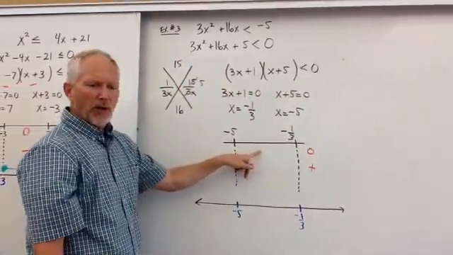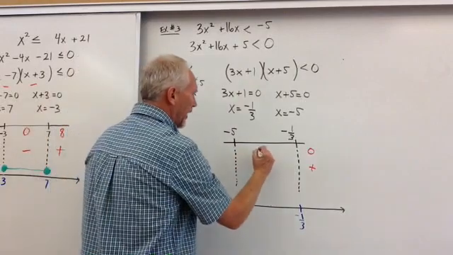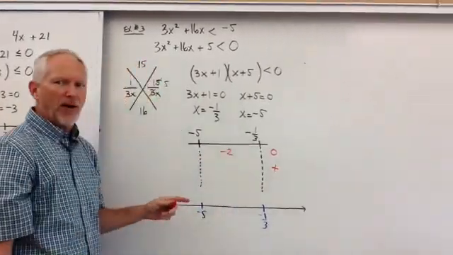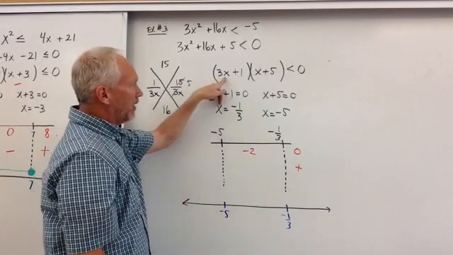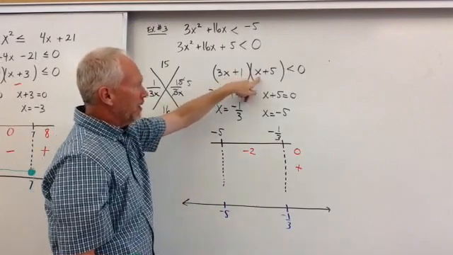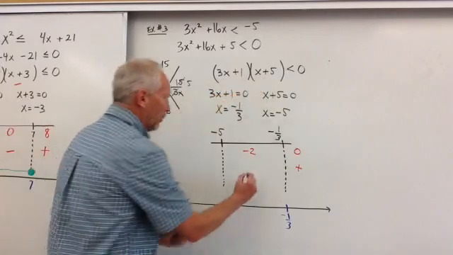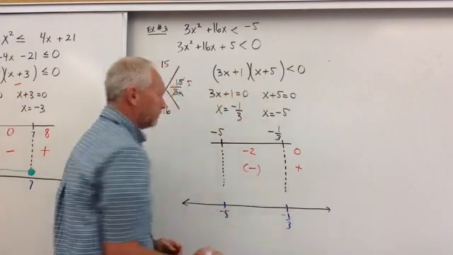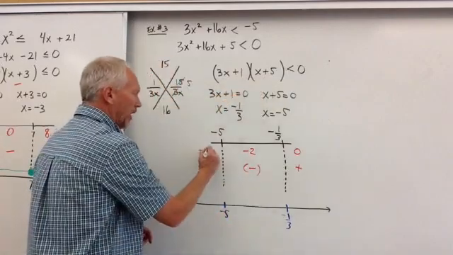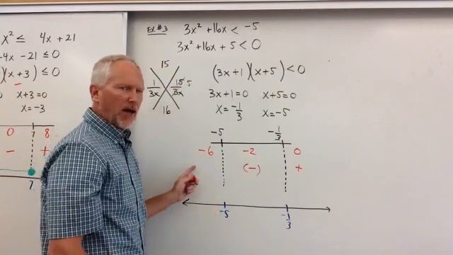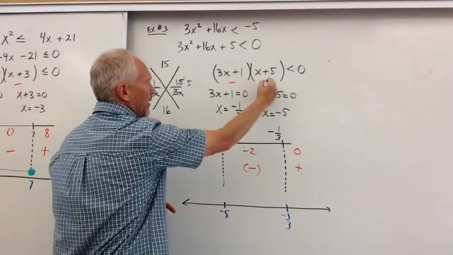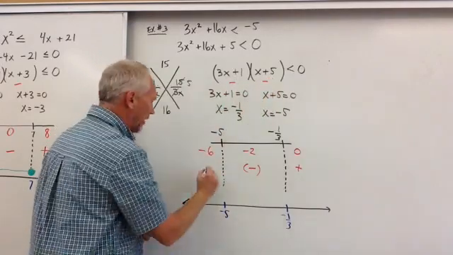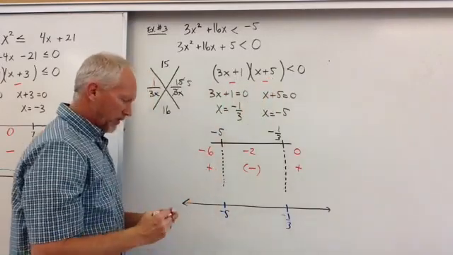Let's say I choose a point in here, negative 2, as a test value. Negative 2 gives a negative for one factor, but the other remains positive, so that will be negative. Let's say I choose negative 6 on the outside. Negative 6 is going to be a negative value, and that will be a negative value too, so in that case I will have a positive.